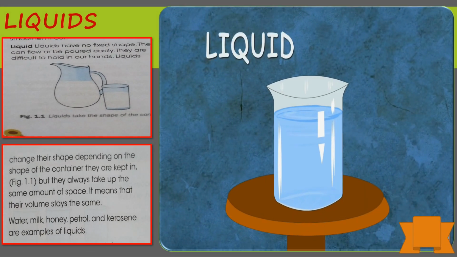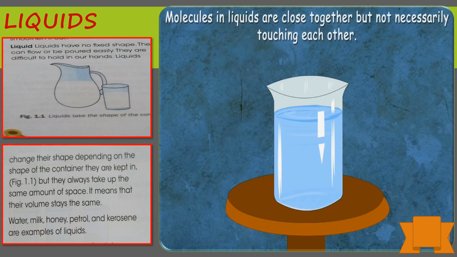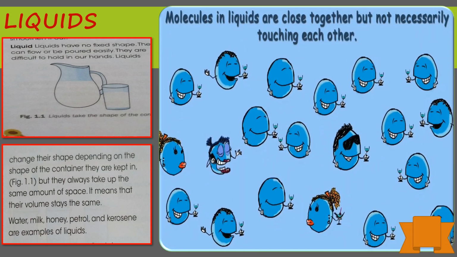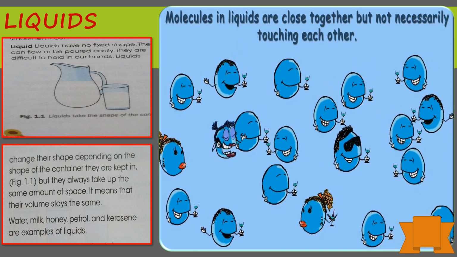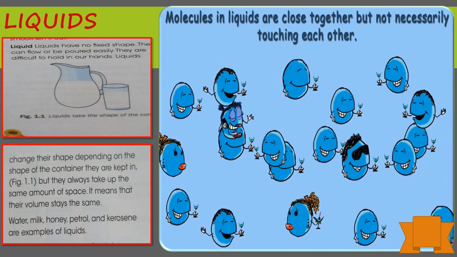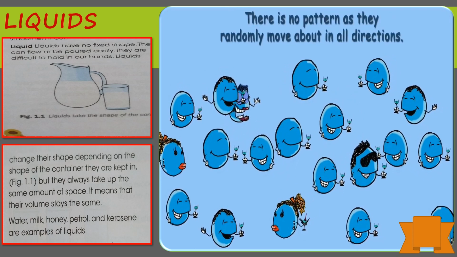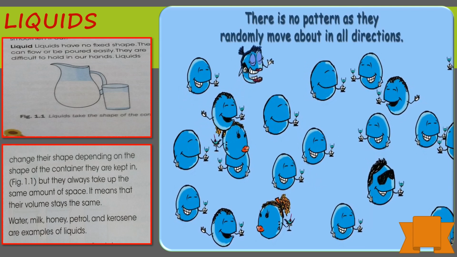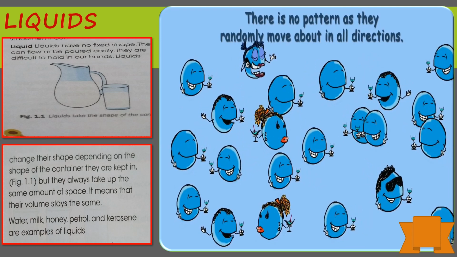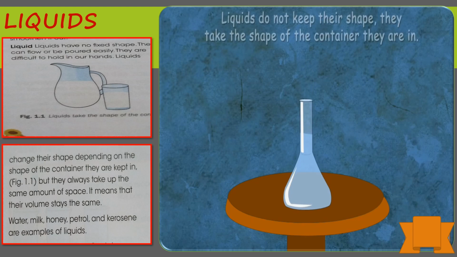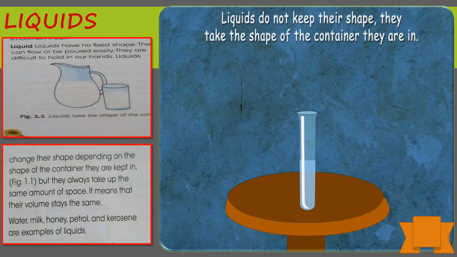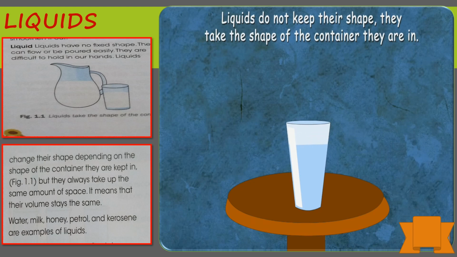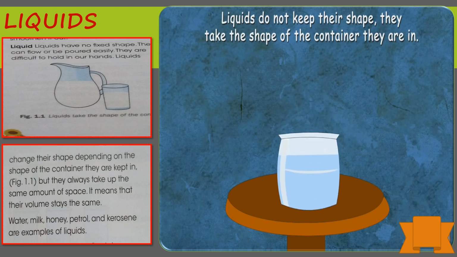Liquid state. Molecules in liquids are close together but not necessarily touching each other. There is no pattern as they randomly move about in all directions. Liquids do not keep their shape, they take the shape of the container that they are kept in.